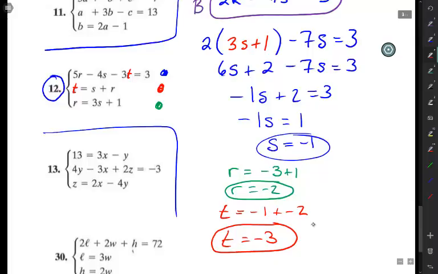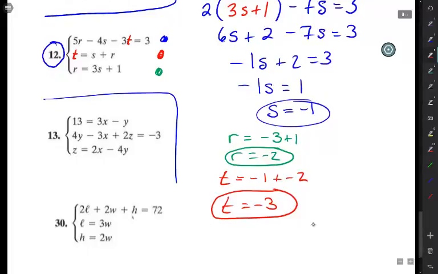What equation did we use to solve for t? Red. What equation should we probably check in? Green. Well, we kind of just used green, didn't we? So blue. Probably we should check with blue. So let's go back to blue. 5 times negative 2, minus 4 times negative 1, minus 3 times negative 3, equals 3.